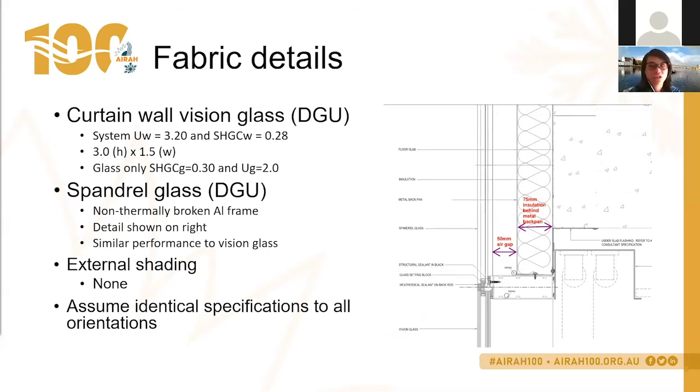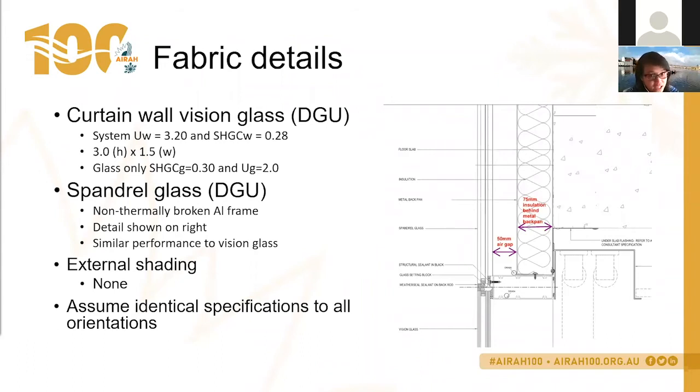We also need to know, when you're trying to use the facade calculator, both the system U value and SHGC, as well as the glazing only. So that's the glass only minus the frame. So you can see that the glass only performance is 0.3 for solar heat gain coefficient, and then the U value is 2.0. Okay, so lower or better performing than when we incorporate the framing elements in.